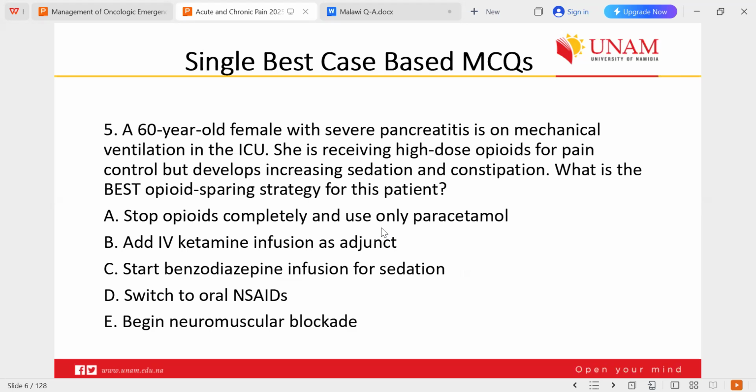A 60-year-old female patient with severe pancreatitis on mechanical ventilation in the ICU is receiving high-dose opioid for pain control, but develops increasing sedation and constipation. What is the best opioid sparing strategy for this patient? Quickly.